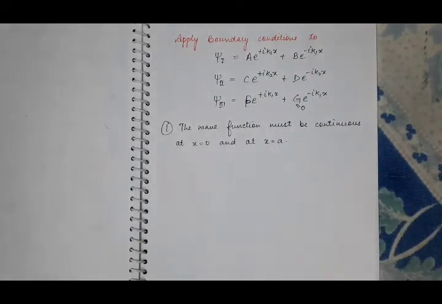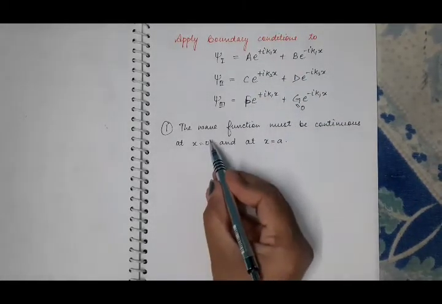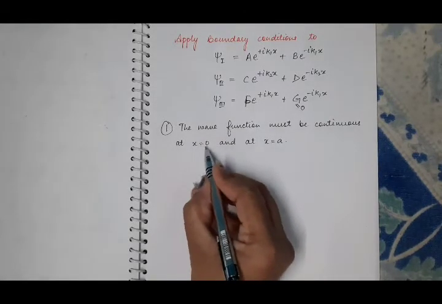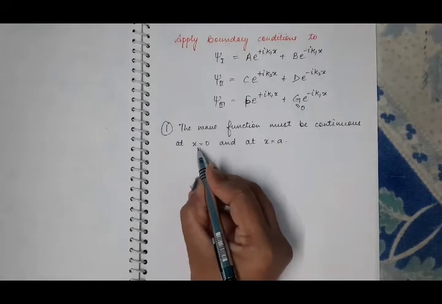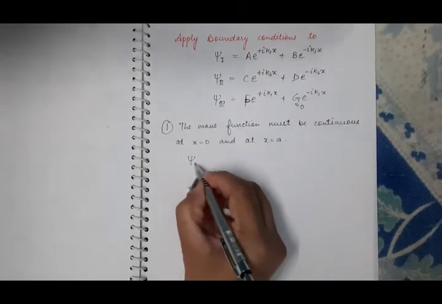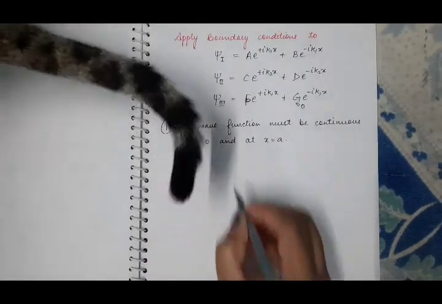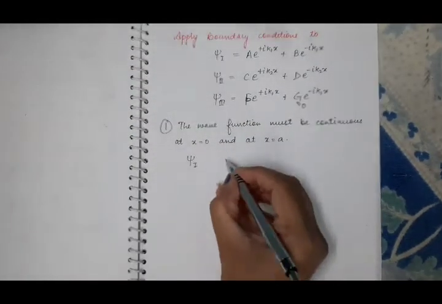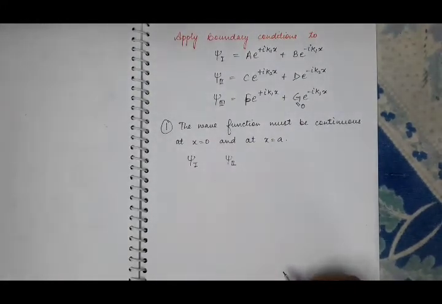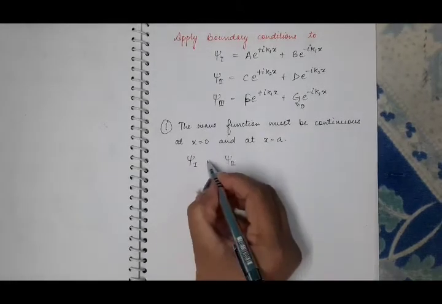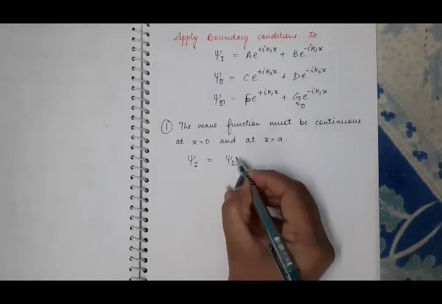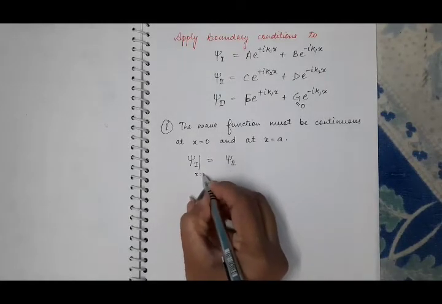So, what is the first boundary condition? According to the first boundary condition, at x is equal to 0, what are the two wave functions? At x is equal to 0, the two wave functions are psi1 and psi2. So this psi1 will be equal to psi2 at x is equal to 0.